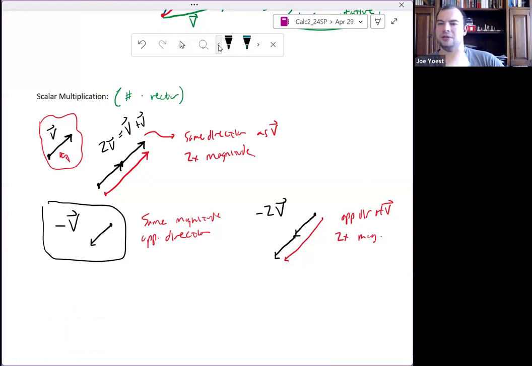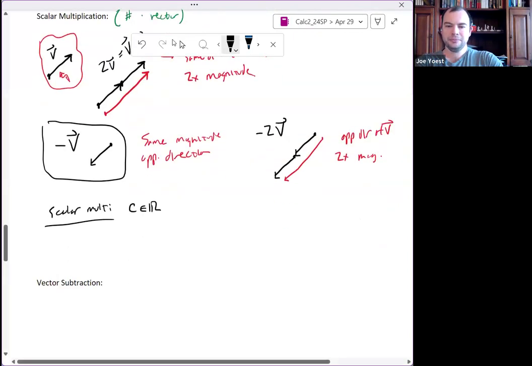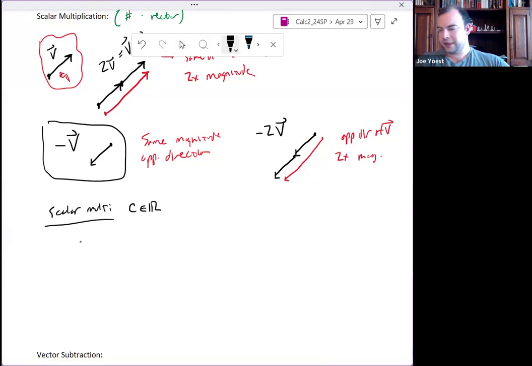Okay, so what does this look like in general? What if I had a multiple of V that was like 1.5 or 3.7 or negative 2.1? What would this look like in general? So we have scalar multiplication where c is a real number. Scalar just means a real number, where vector means something that has magnitude and direction.